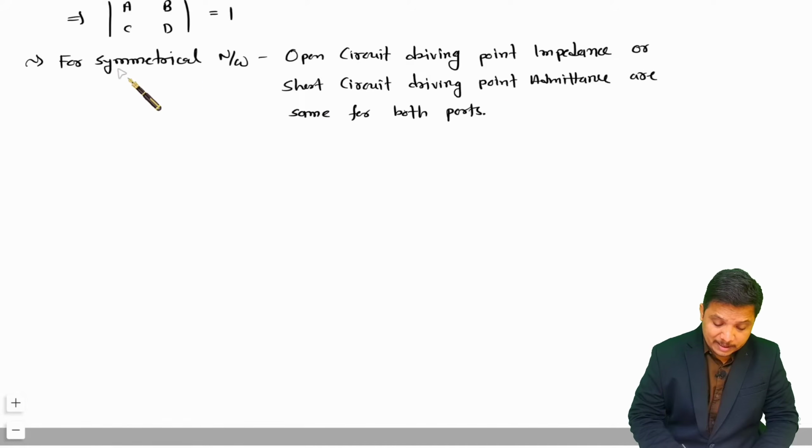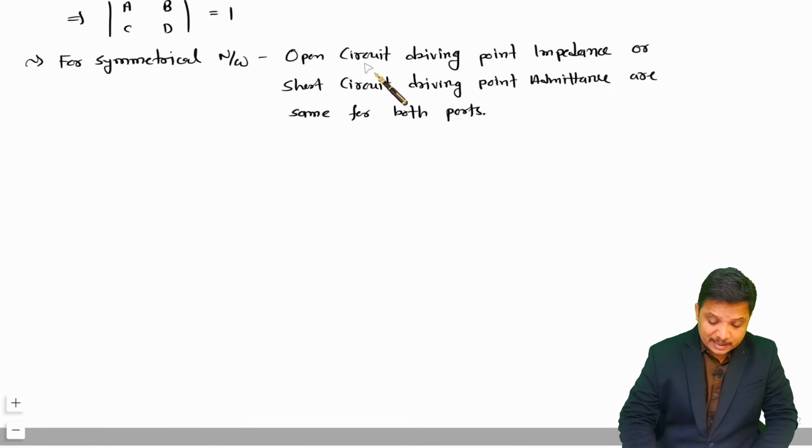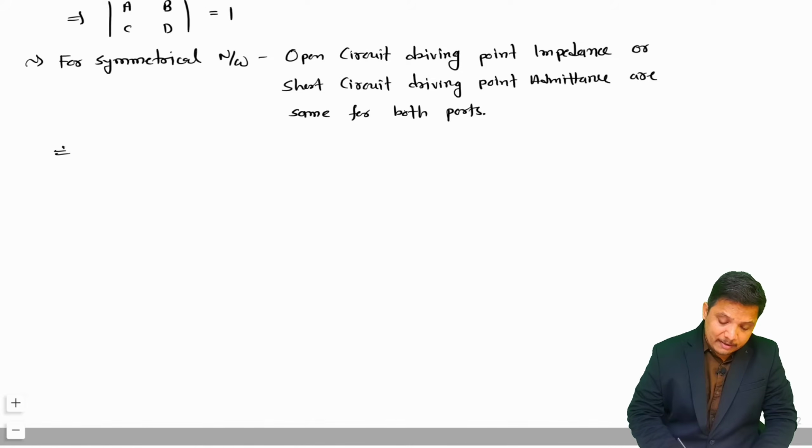So see, for a symmetrical network, the open circuit driving point impedance or short circuit driving point admittance are the same for both the ports. Now my dear students, here I'll be considering the open circuit driving point impedance, which should be the same for both of the ports, right? So what is the open circuit driving point impedance? For port 1, the impedance is V1 by I1, and open circuit means the output should be open circuit.